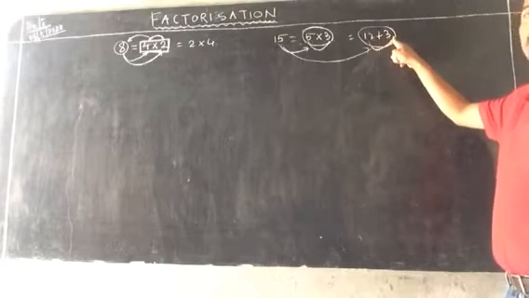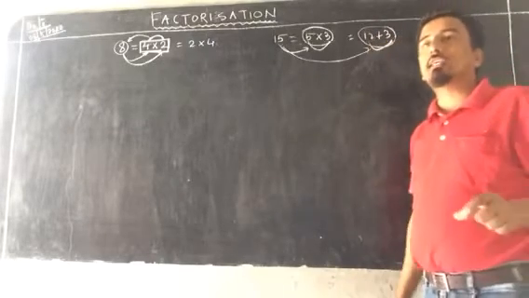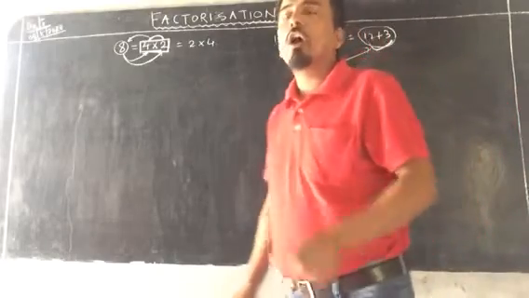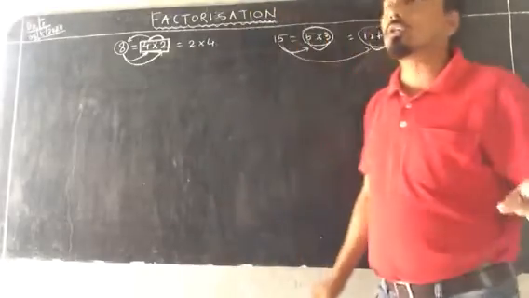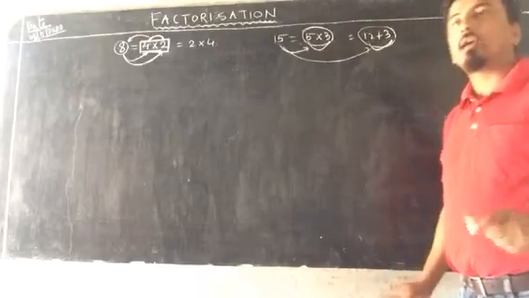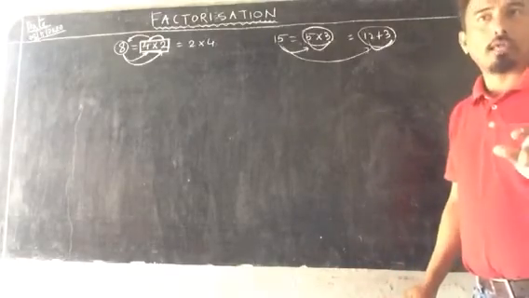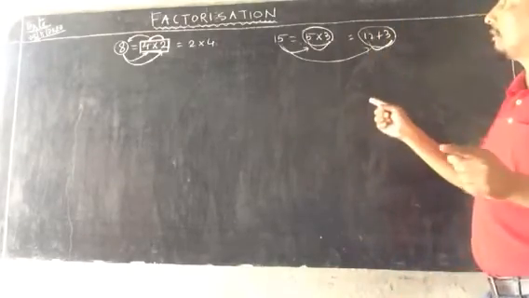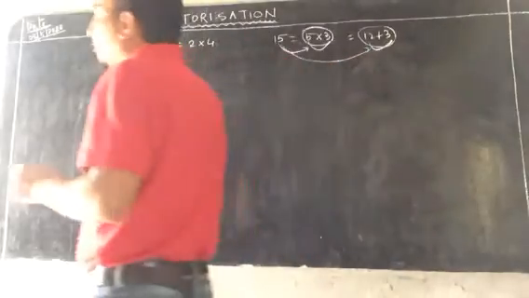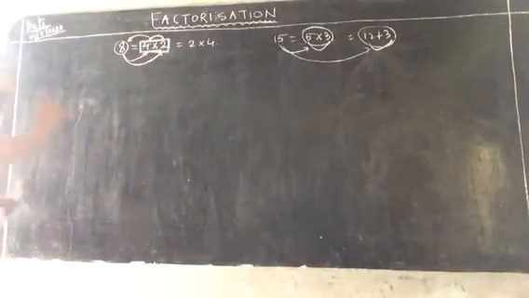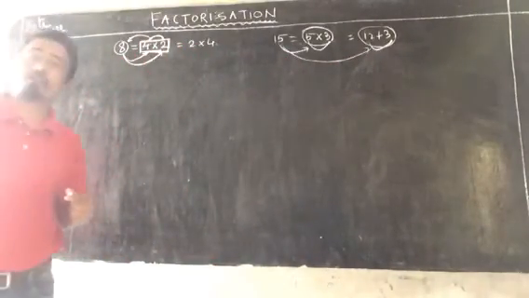The form of addition or subtraction or division is not known as factorization. To split any number in the form of product is known as factorization. That is a very simple concept of factorization.